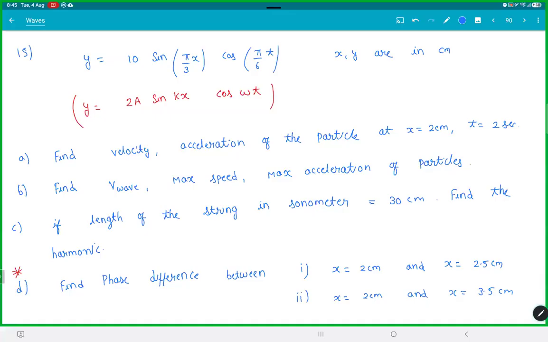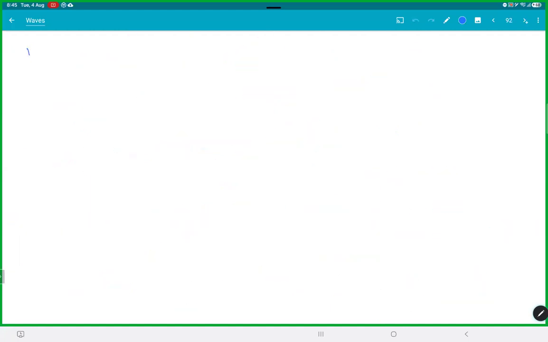What about the D part? One thing is this. If you remember the formula, phi is equal to 2π by lambda into delta x.